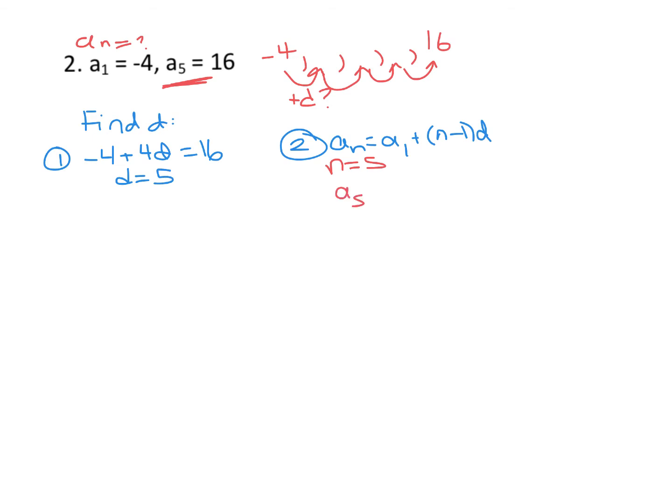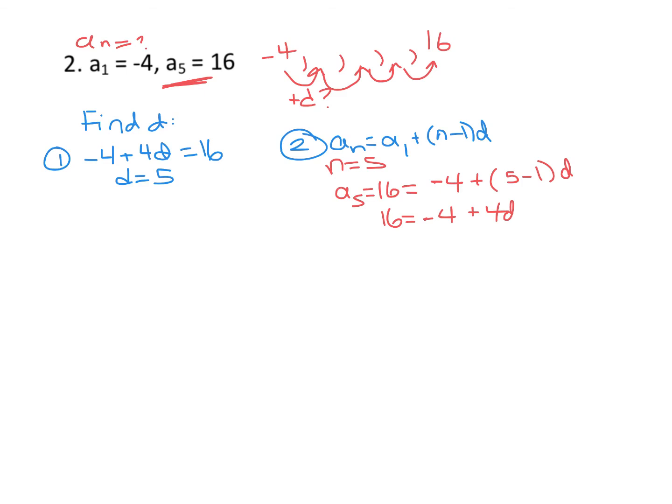So if I do that, I get A5, which is 16, is equal to A1, which is -4, plus n minus 1, which is 5 minus 1, times d. Then I will end up solving this out. You'll notice that this actually is the exact same thing as what I did for step 1. It's just a different way of thinking about it.